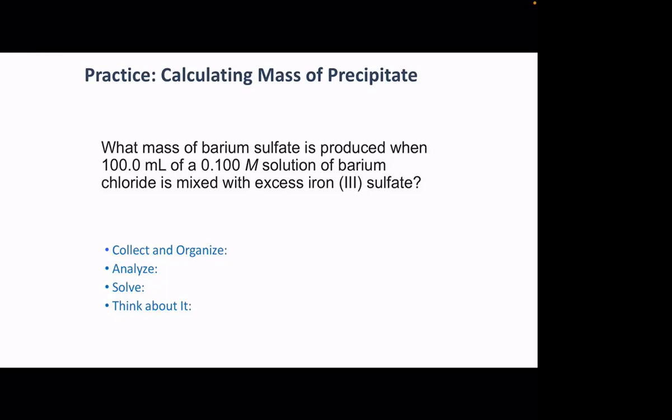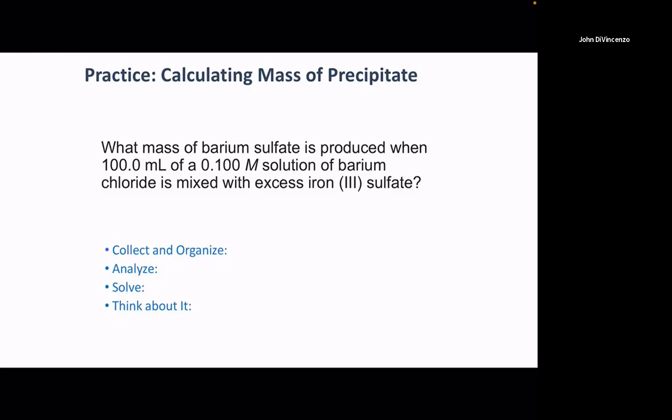How do you want to tackle this? Write the equation. That's a common way to start, right? Most times we'll tell you to write the equation, and we can do that. So we're mixing barium chloride. What's the formula for barium chloride?